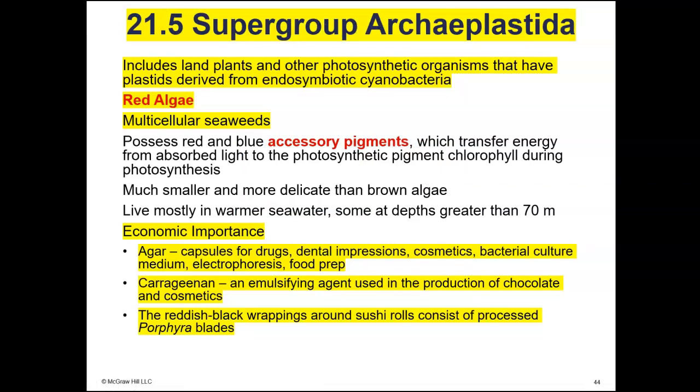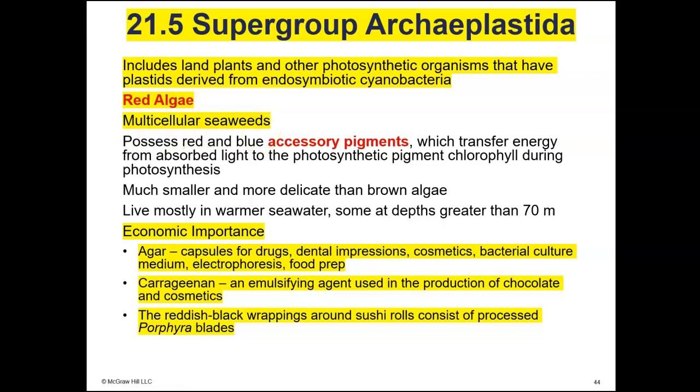Now we're going to move on to the supergroup Archaeoplastida, which also contains the kingdom Plantae. So these supergroups sometimes will have other kingdoms as members of the supergroup. The Archaeoplastida is the supergroup that includes algae and land plants. So we have red algae, which are the multicellular seaweeds.